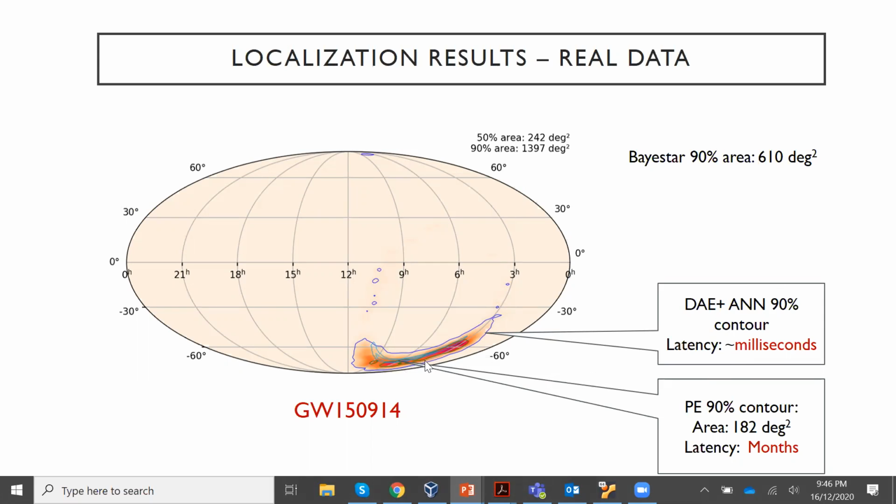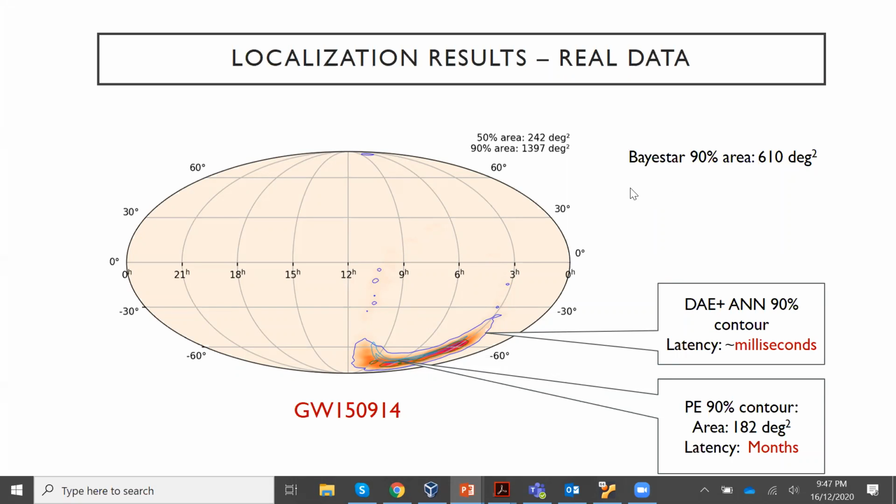Inside, you can see this very thin contour, which is LIGO's offline Bayesian parameter estimation contour. It has a much smaller area than I obtained, of course. But the advantage that I have is that I'm much faster, because this result was obtained after months of calculation and processing.